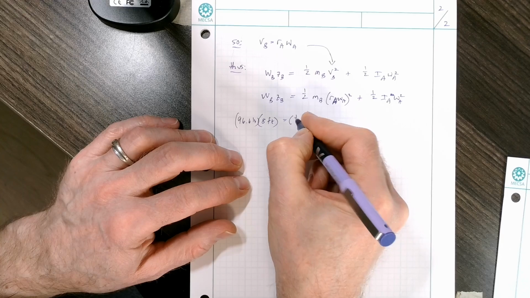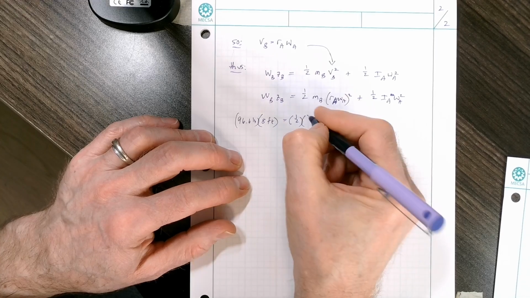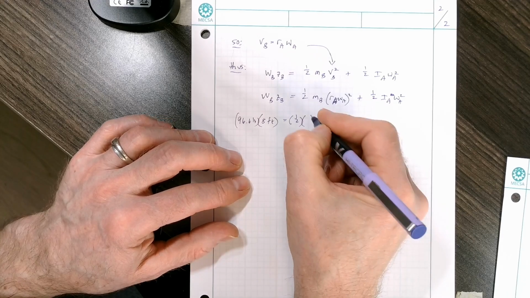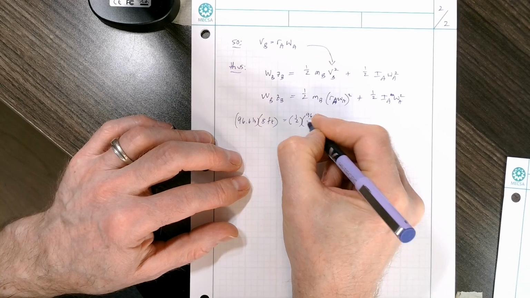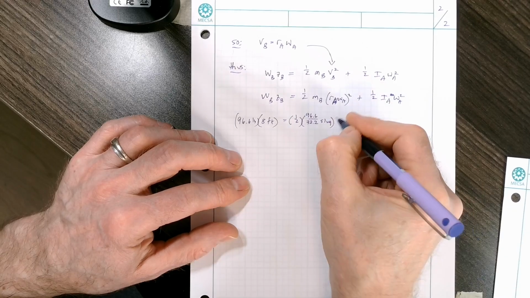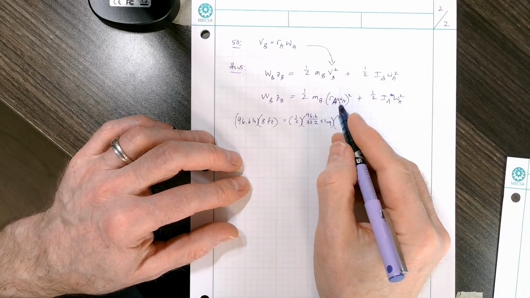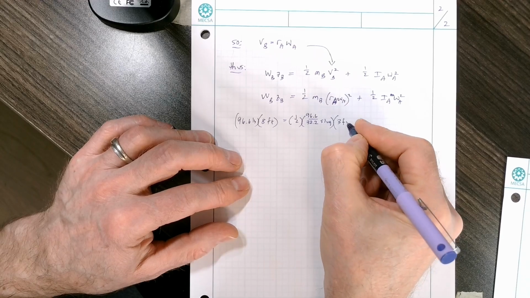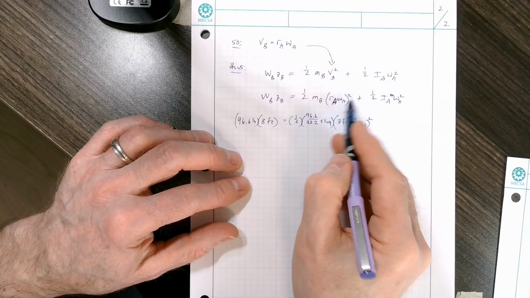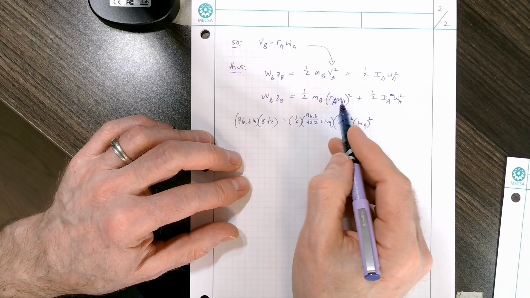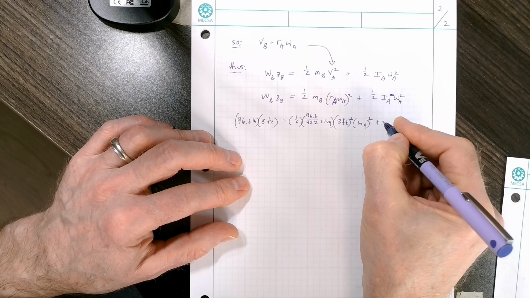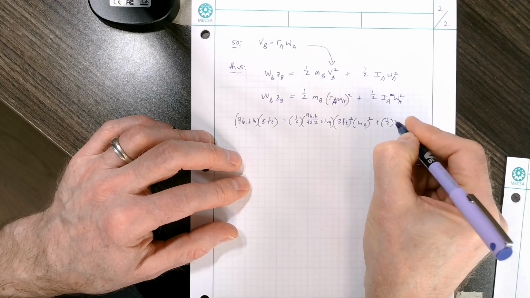1/2 mass of B, well, that's 96.6 over 32.2, which is 3 slugs. RA, well, that's 3 feet, squared, omega A squared. Plus 1/2 IA.